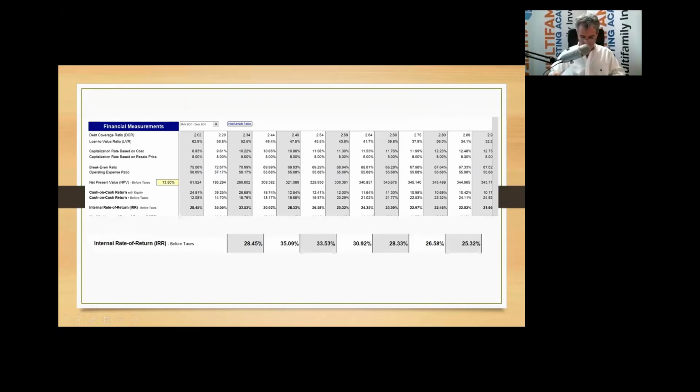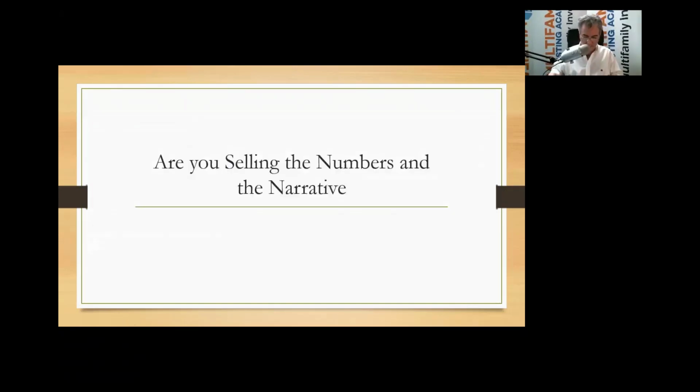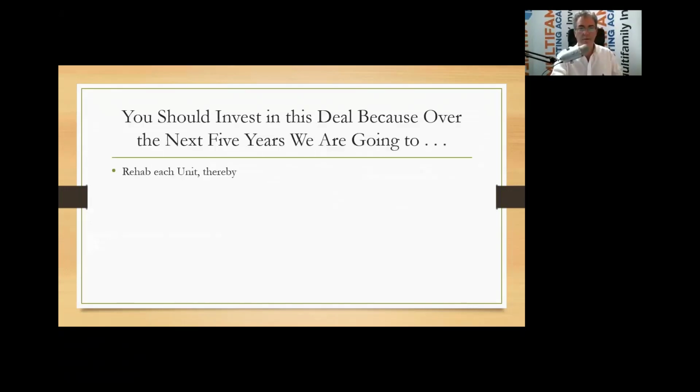Jumping along here. All right, so my question to you all is, are you selling the sizzle? Are you selling the numbers? And are you selling the narrative? So if you're sitting down in front of an investor and he says, you should invest in this deal because over the next 5 years, we are going to rehab each one of the units. And when we rehab each one of the units, we're going to be able to increase the rents 15% just to bring them up to the market levels. We're going to increase the occupancy to 95%, which is exactly where the submarket is.